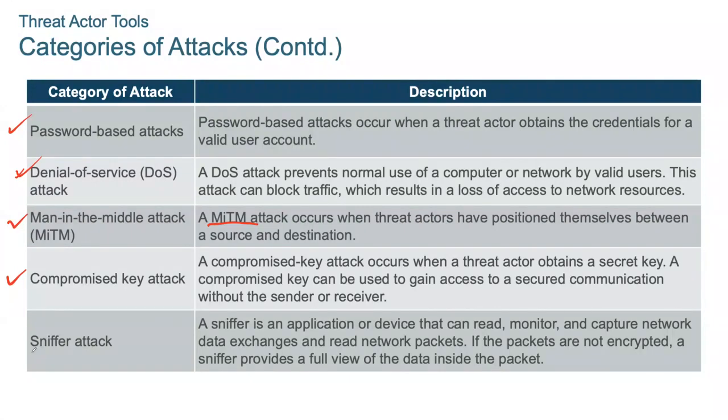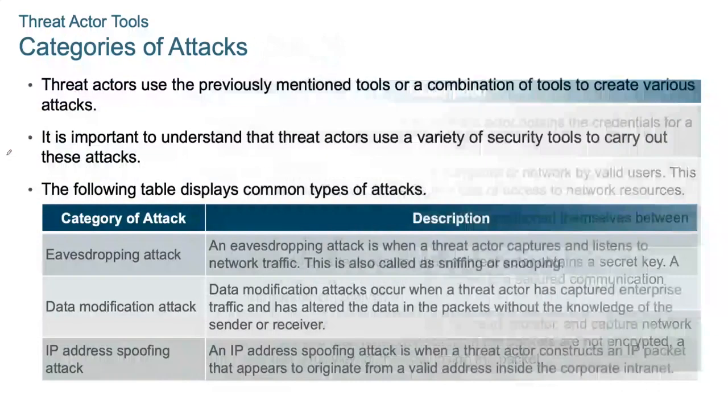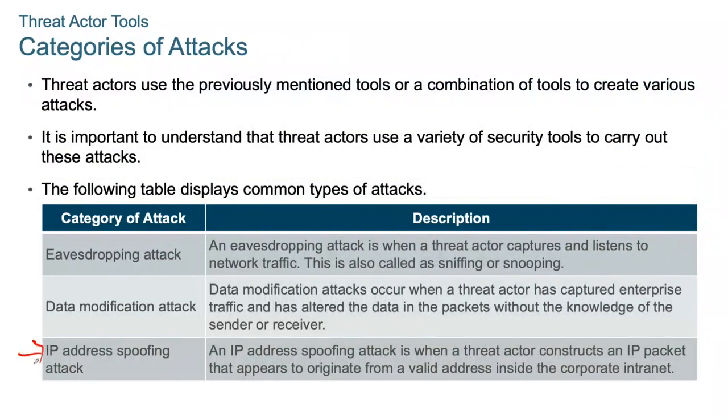These are a few of the categories of attack, but the most important one is the active attackers. They place denial of service, man in the middle attack, password based attack, IP spoofing, and data modification attacks.